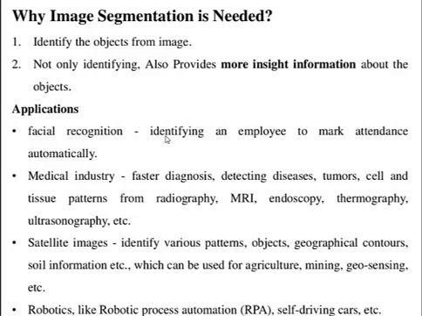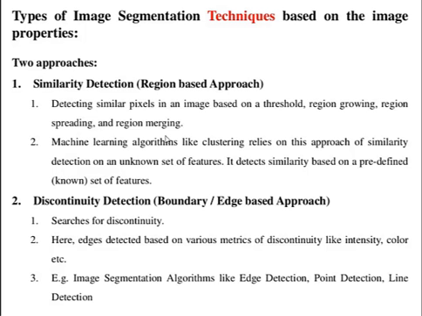In robotics we have robotic process automation, and for that we require image segmentation, so robots can judge any object just by identifying its image, given the trained image model. Then self-driving cars, autonomous driving systems, for that it is needed; we call it ADAS.